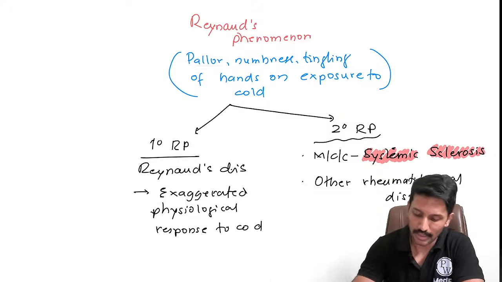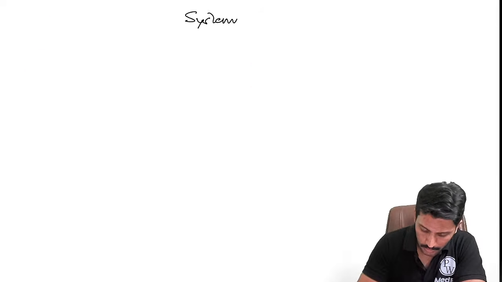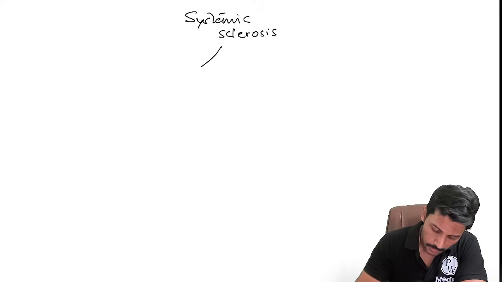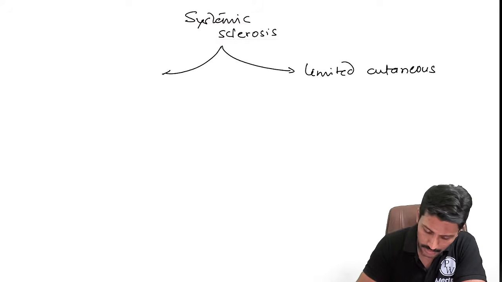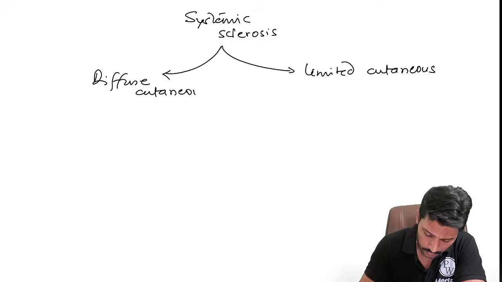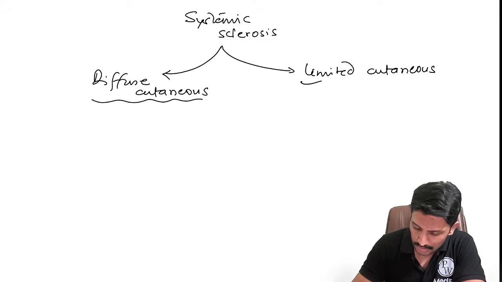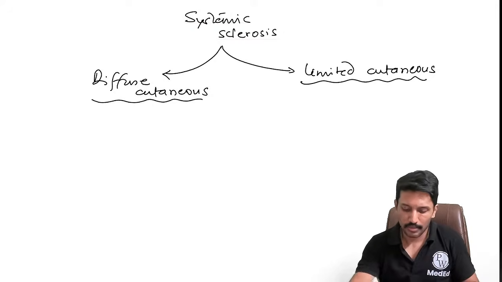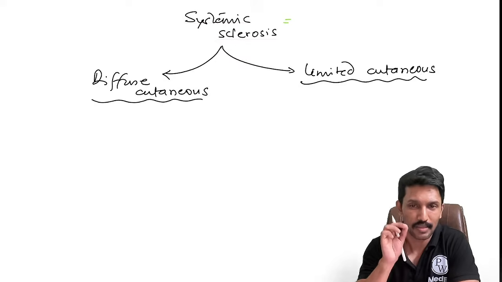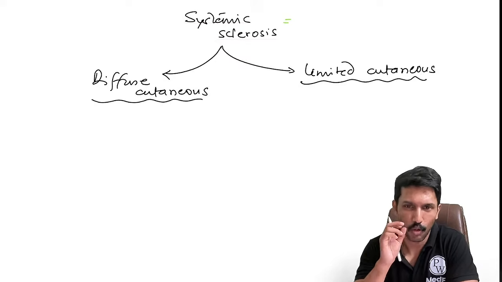Now, systemic sclerosis has two subtypes. One is called limited cutaneous systemic sclerosis. The other is called diffuse cutaneous systemic sclerosis. Now, what do you mean by limited cutaneous? In systemic sclerosis, as the name says, sclerosis means fibrosis or thickening.